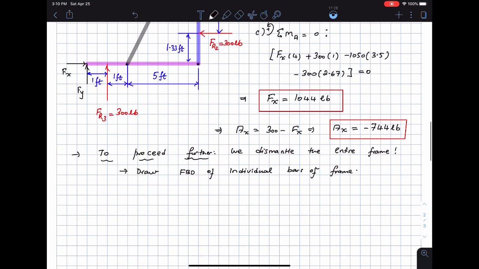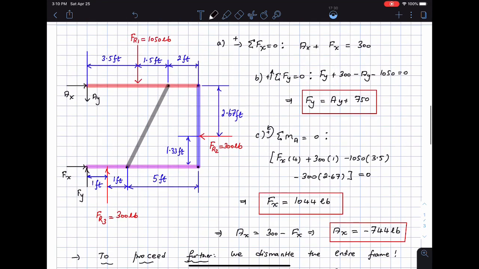And we also notice that at the pins, if you call this pin B, this is C, this is D, this is E, and then F.